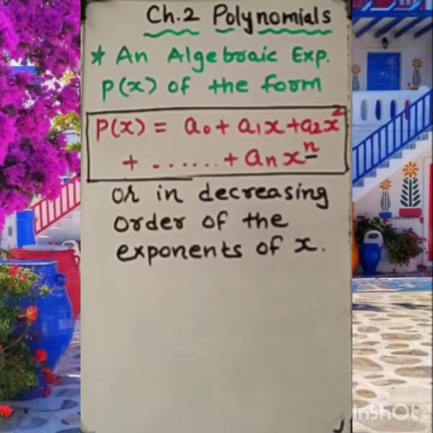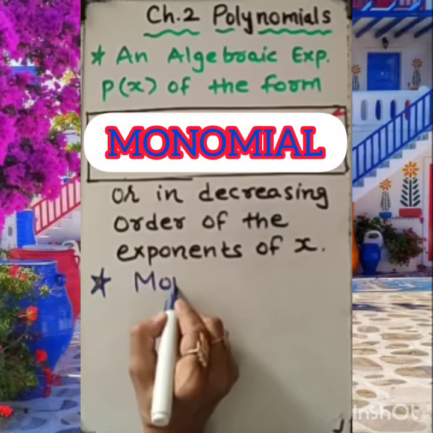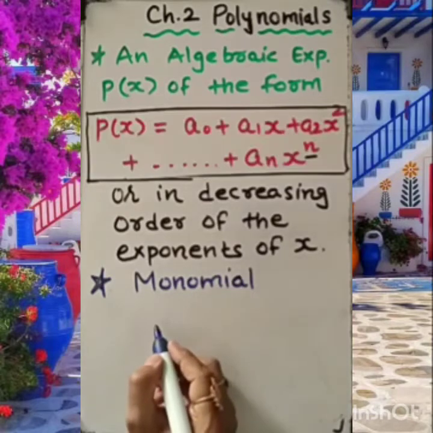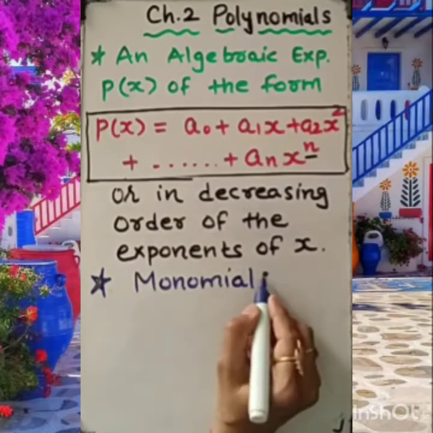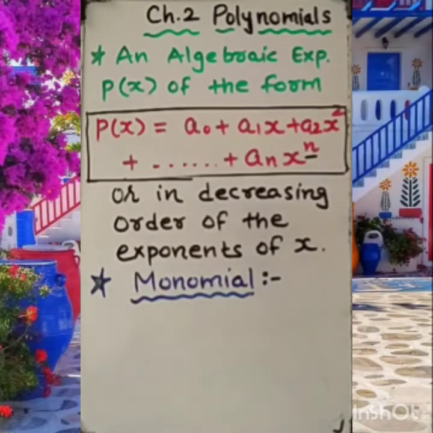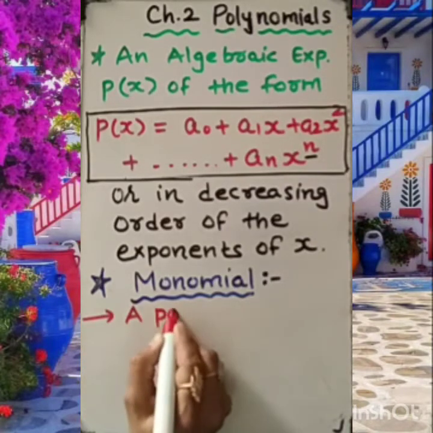Now a very important thing we are going to learn: first, monomial. We have already studied this in our previous class. Please let's have the definition of monomial. The word mono itself indicates single.